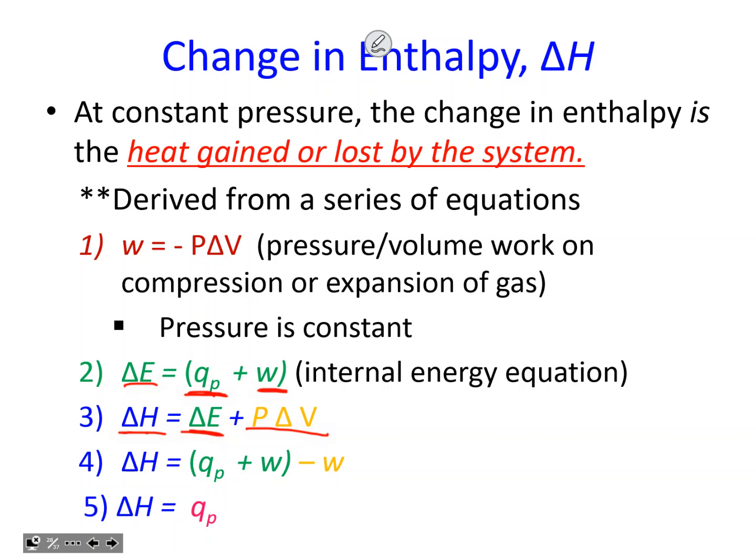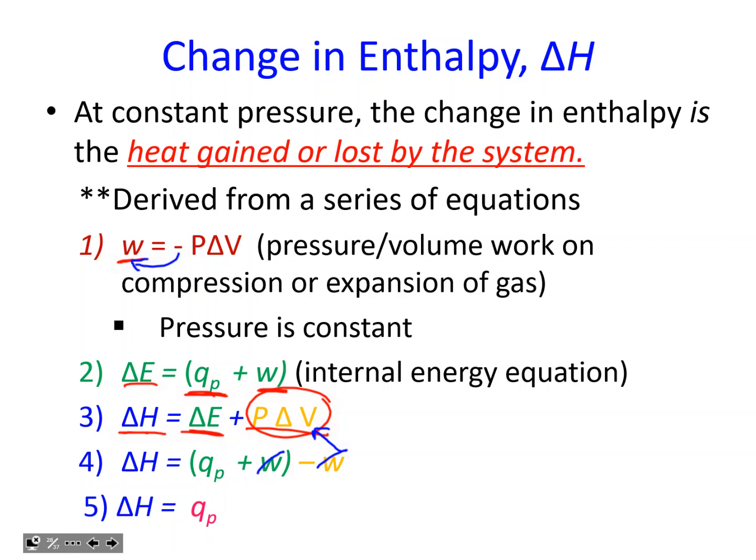So if you take this part out and substitute in the work part, you can shift over the negative sign. Then you can insert the negative W in for the P delta V. And as you'll notice, you have positive W, negative W, they cancel out. So really, delta H is measured to being the heat at constant pressure.